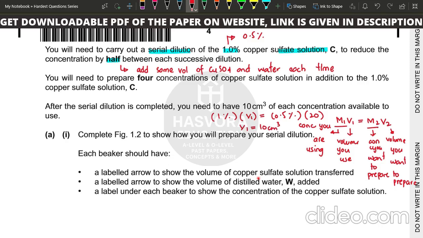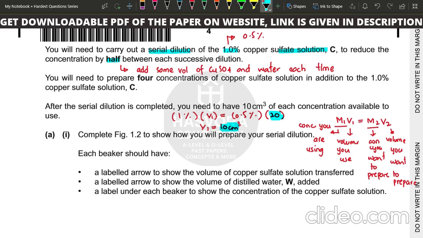So now most of the students are just confused with this. They think that you have to pick out 20 cm cube of the 0.5%. Now 20 cm cube is the final volume. Okay, it's the final volume that you have to prepare. So if you are using 10 cm cube of the 1%, this means that you have to add 10 cm cube of the water to it.